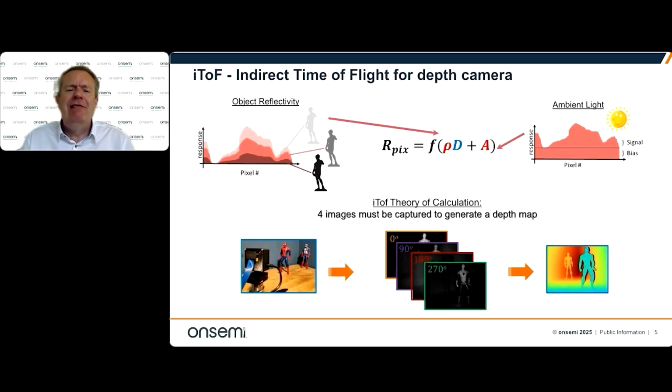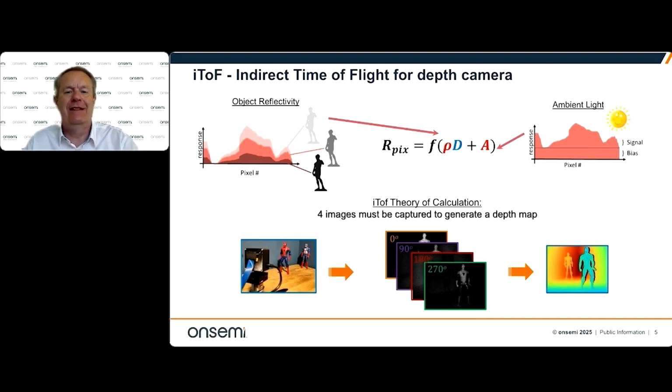Okay, indirect time of flight needs reflectivity of an object. The object reflectivity then determines how good the signal is that's reflected off the object. So the pixel response is a function of the reflectivity of the subject, the distance of the subject, but then ambient light comes into play. And that's the biggest disadvantage of current iToF today, is that ambient light is an enemy to iToF.